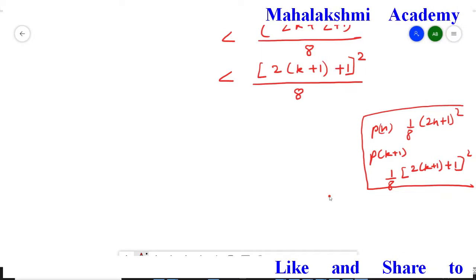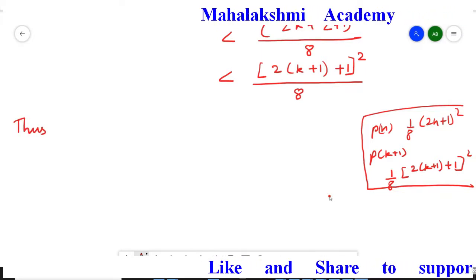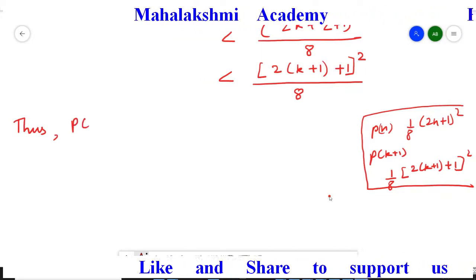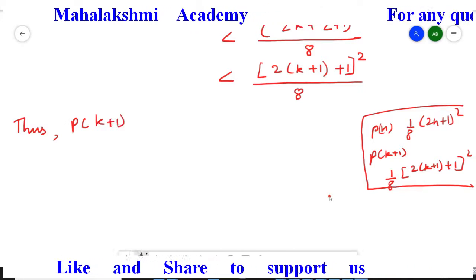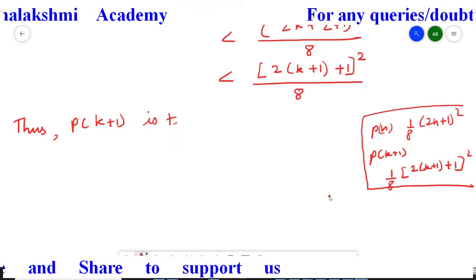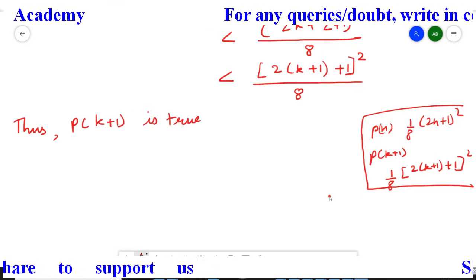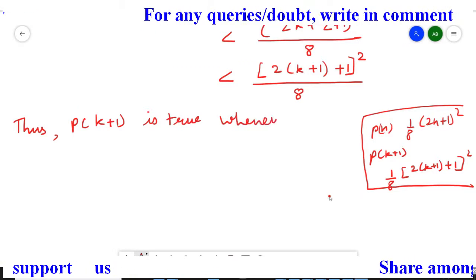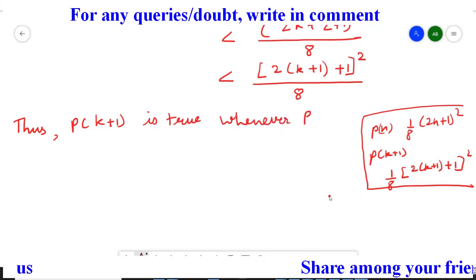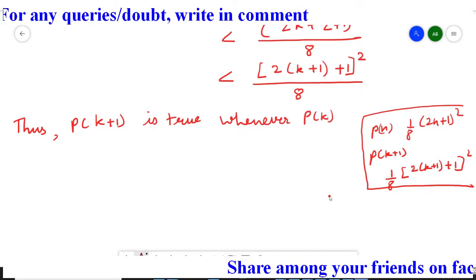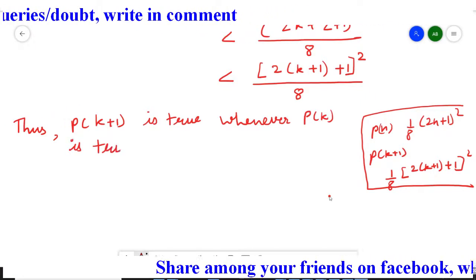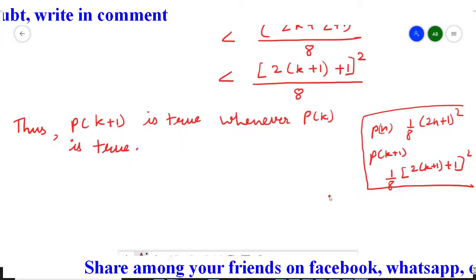So we write here, thus P(k plus 1) is true whenever P(k) is true. So we'll conclude with the last line.